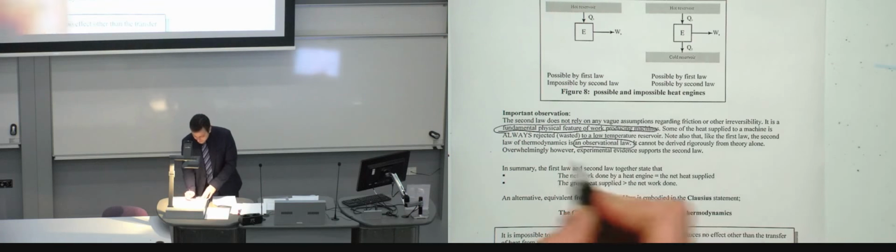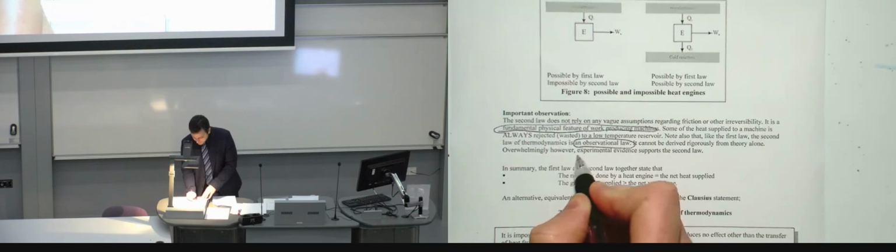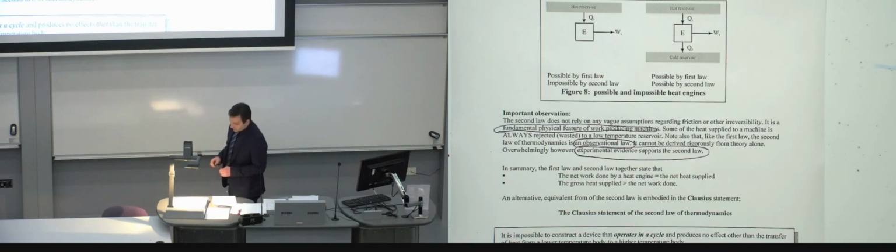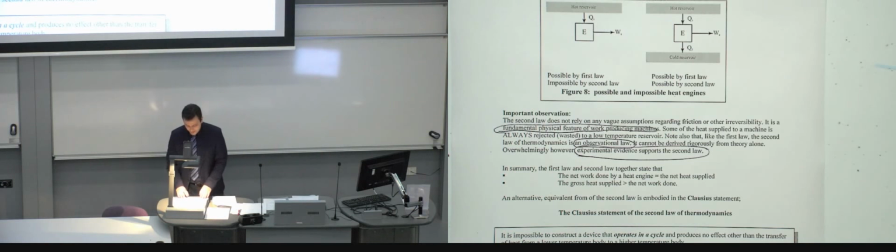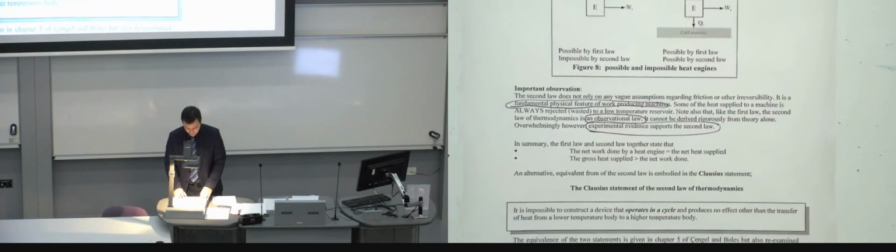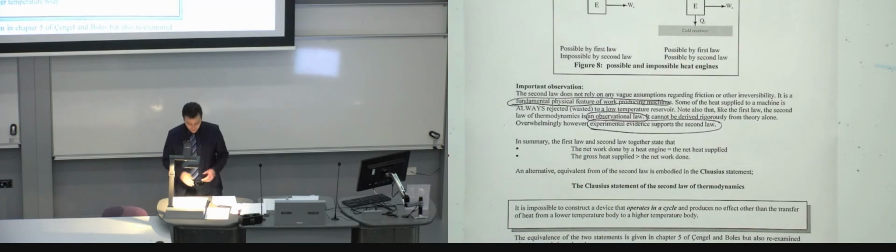And the third thing is that there is a huge amount of experimental evidence to support the second law. Those experimental evidences are beyond the scope of this unit, but there are loads of examples which are essentially proof of the second law. So these are some important features of the second law of thermodynamics.